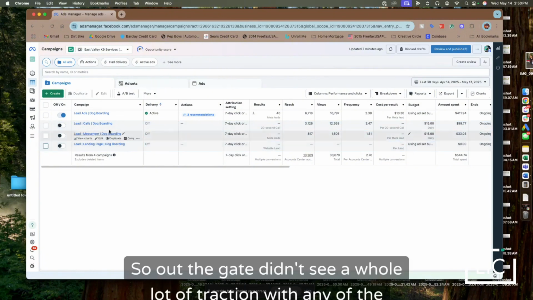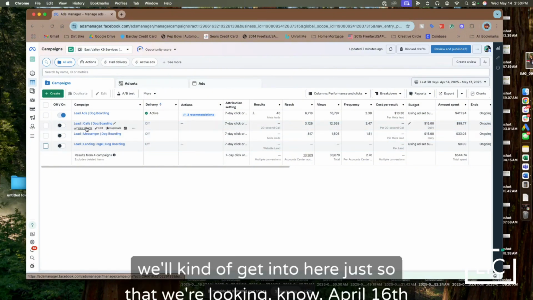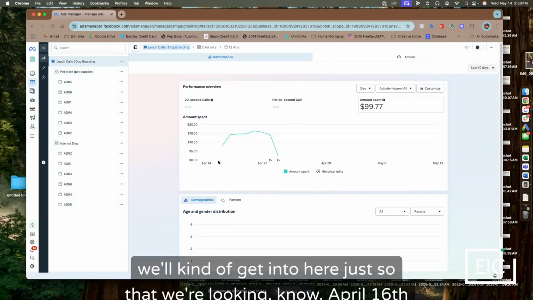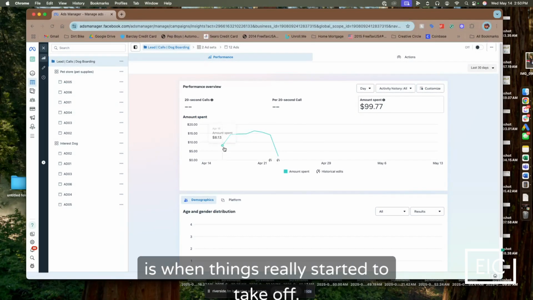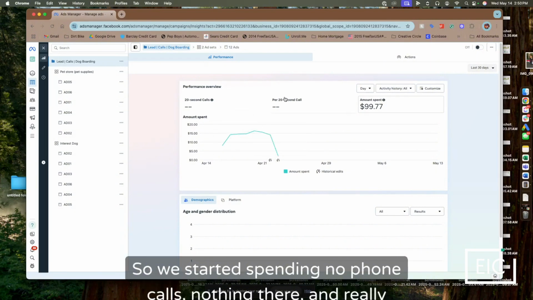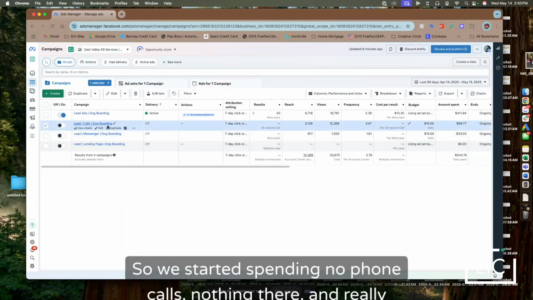So out the gate, we didn't see a whole lot of traction with any of the campaigns. April 16th is when things really started to take off. So we started spending, no phone calls, nothing there, and really nothing was working.